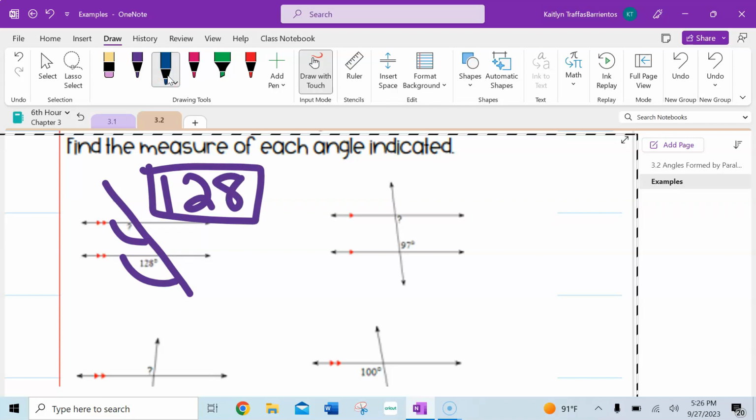Now if we look at this next one, I've got my unknown angle and I've got this angle that is 97. If we look at our transversal here, these angles are also on the same side of the transversal, but this time they are on the interior of those parallel lines.